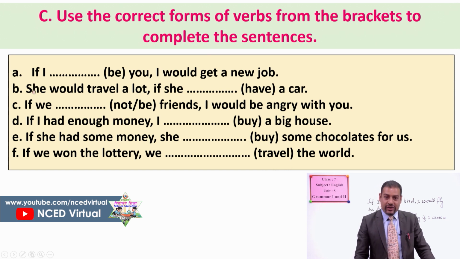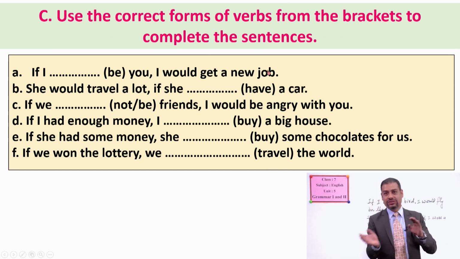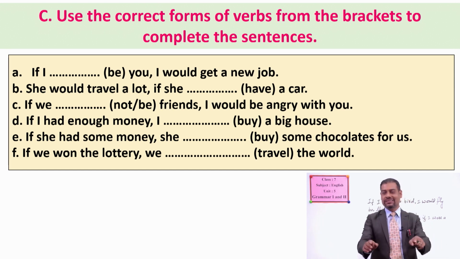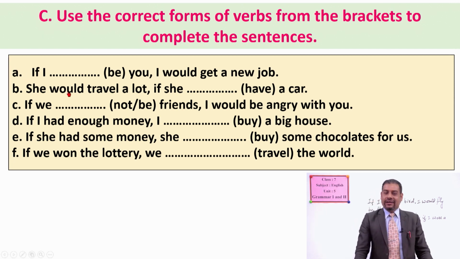Okay, so you have to look at both parts of the sentence and you have to supply. And don't forget, we are learning to use conditional sentence type 2. Now look at number A. All of you do it now. You can just write down the main verbs only, okay, right now, and later you can write the complete sentences. Are you writing?